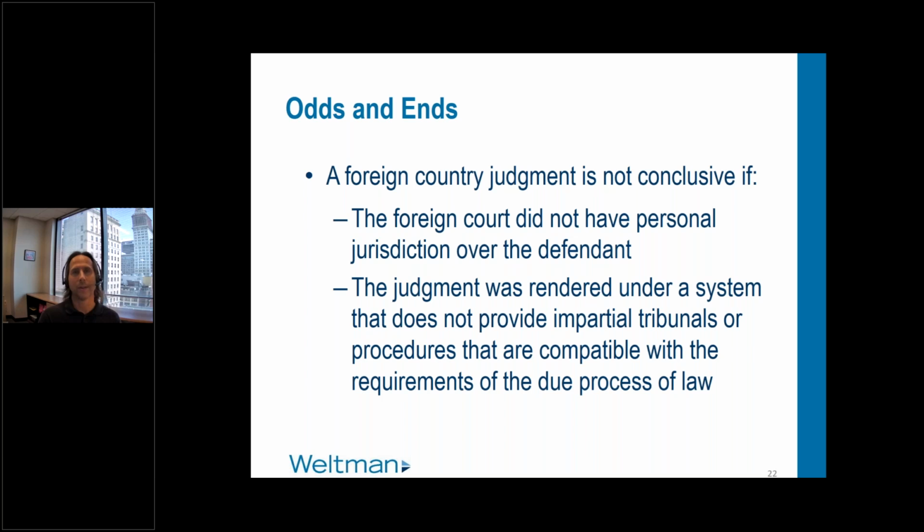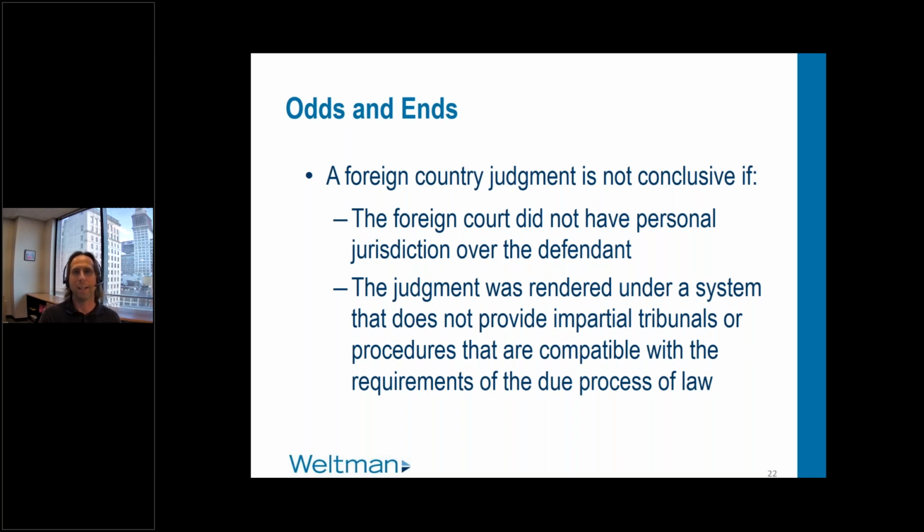A foreign country judgment is not conclusive. So remember, it only applies to conclusive judgments. It's not conclusive if the foreign country did not have personal jurisdiction over the defendant. And that's a big one, obviously. So if a judgment debtor is having a judgment domesticated against them, someone's attempting to domesticate a judgment from Latvia, and they say, I've never been to Latvia.